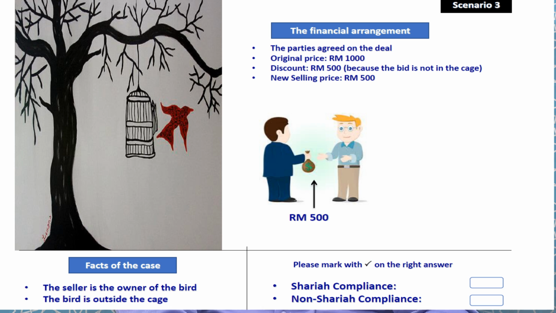Instead of 1,000, it is 500. Why 500? Because of the risk premium. You may not be able to capture the bird, whether you will catch it or not, whether you deliver or not. So you give a kind of discount. You are selling a bird outside of the cage with a discounted amount of 500.